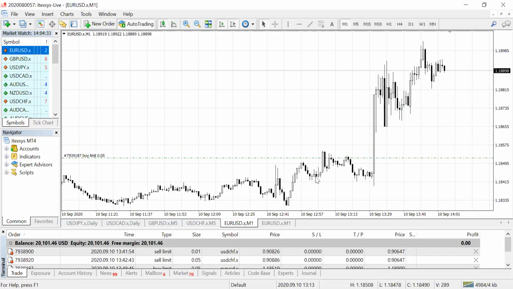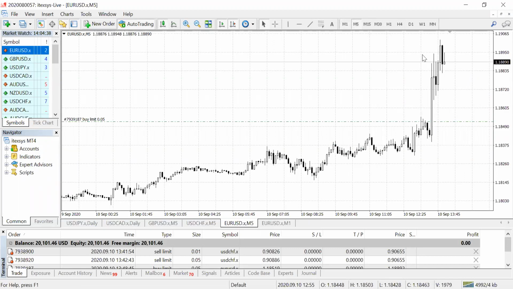But for that, I really need a pullback on the 5-minute chart, which I haven't had. It's hard to tell how deep that pullback needs to be, but I would like it to be at least to this area, to these lows right here, or ideally to this area right here.